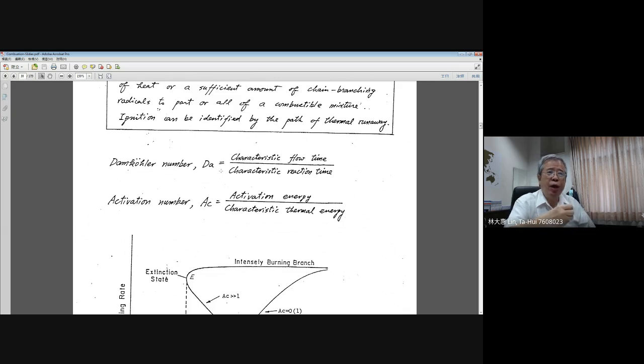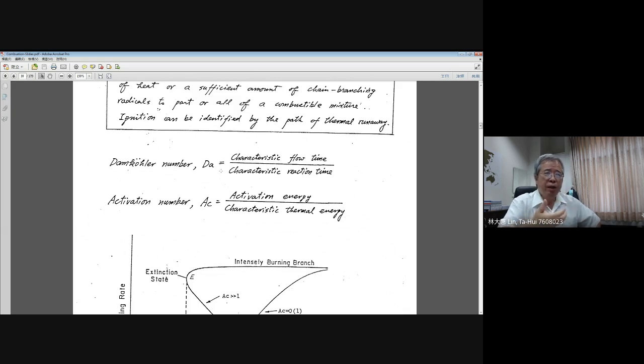That means they require a little bit longer reaction time to achieve, right? Short reaction time is good for ignition, but longer reaction time is bad for the continual burning flame. This is the meaning of the so-called chemical reaction time.